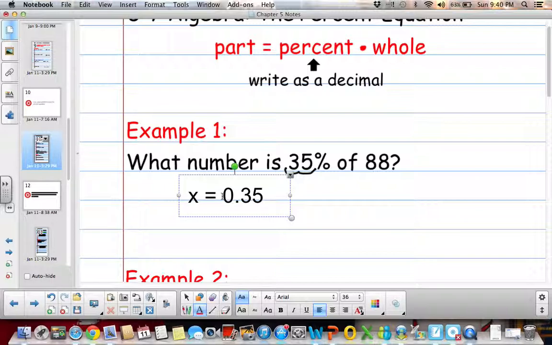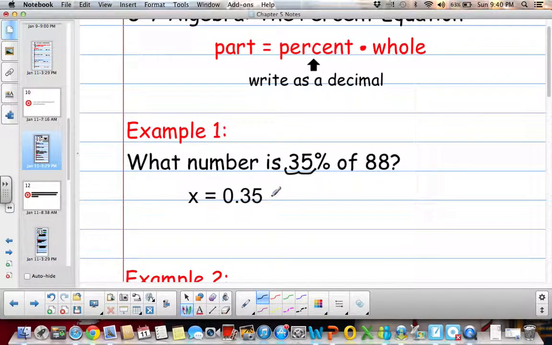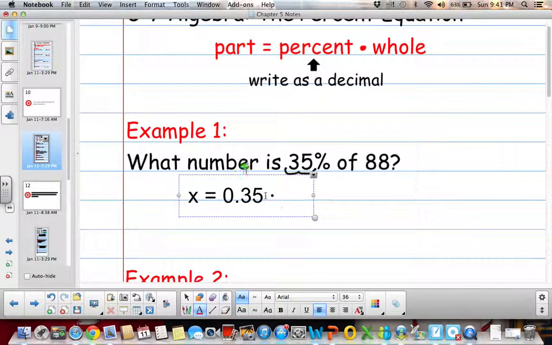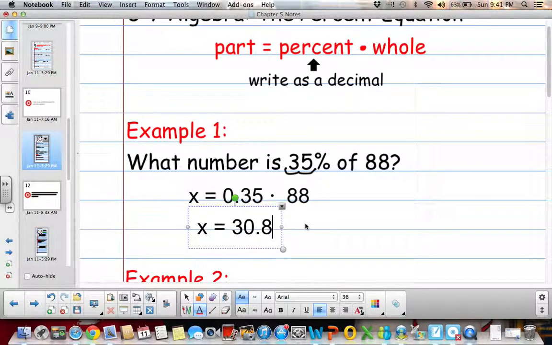And then we are going to multiply 0.35 by 88. 0.35 times 88 equals 30.8. So we know that 35% of 88 equals 30.8.